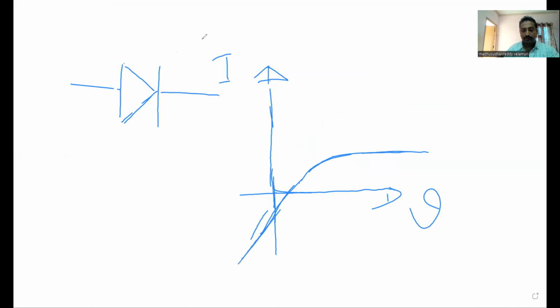Okay, it's downward. These characteristics are tilted. Tilted means inverted. The characteristics are inverted. So now what has happened?